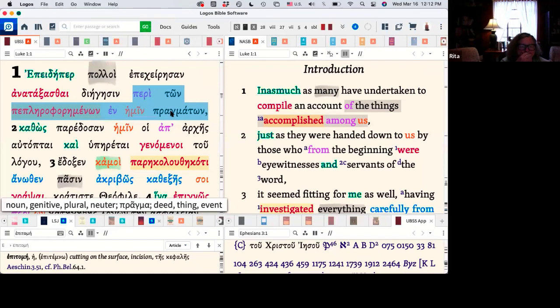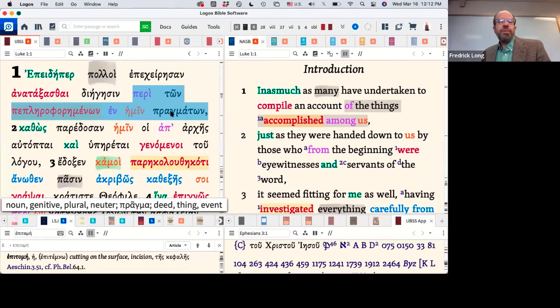So these are modifiers that are modifying pragmaton, and when we run across a participle, we always need to ask, what kind of participle is it? What kind of function does it have? And this one is an adjectival use.